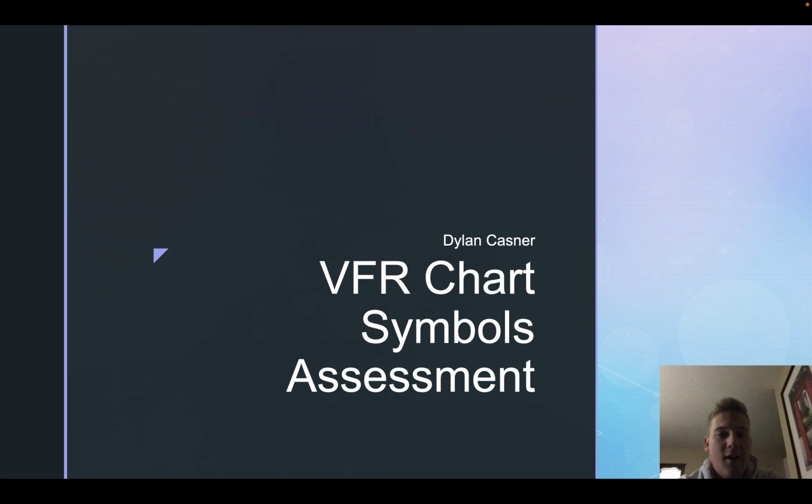So I recommend studying the chart legend. If you have ForeFlight or another electronic flight bag, that does have it on there. You just gotta pull it up. And if you're using the standard paper charts, they are on one of the foldable flaps.